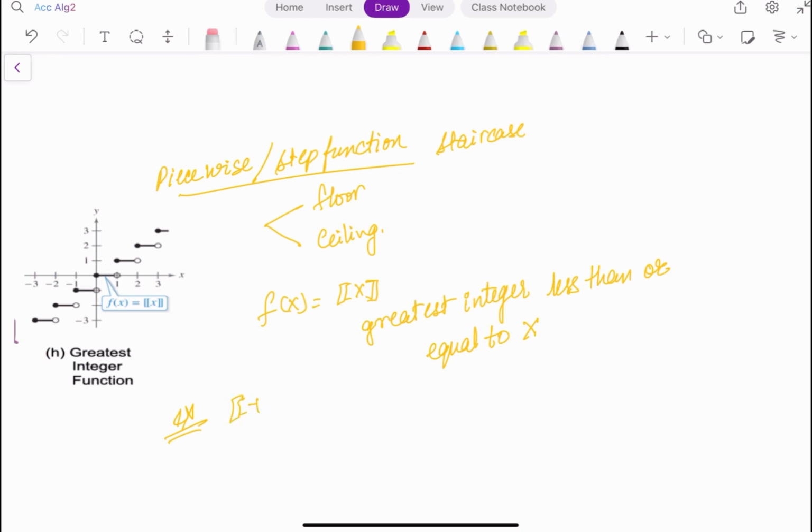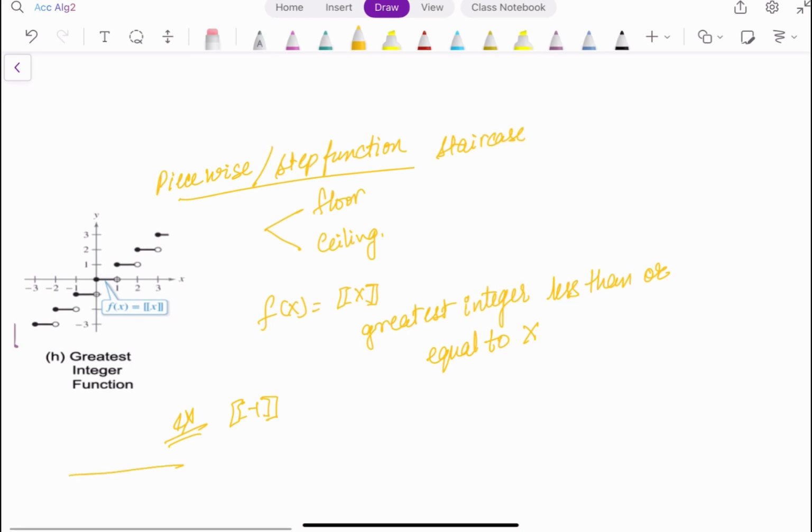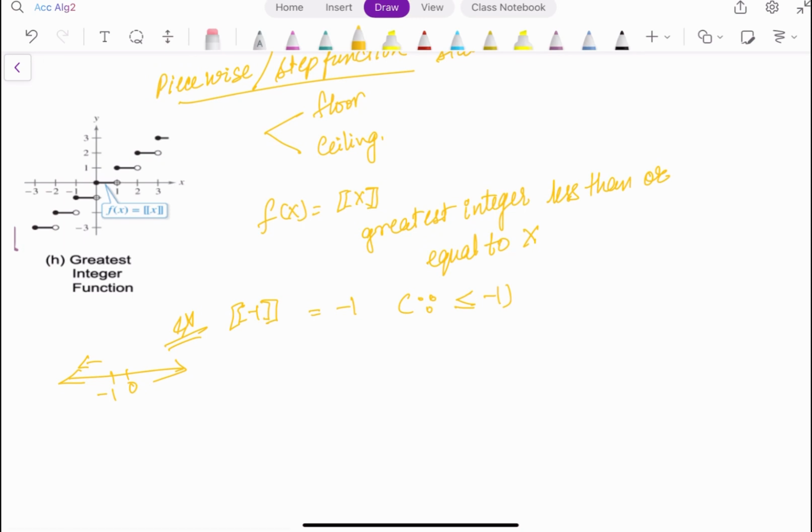Let's take an example. If we have -1, what is the integer that is less than or equal to x on the number line? -1 is an integer, so we just say -1, because it is less than or equal to.